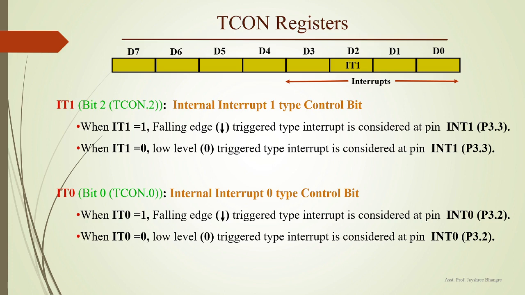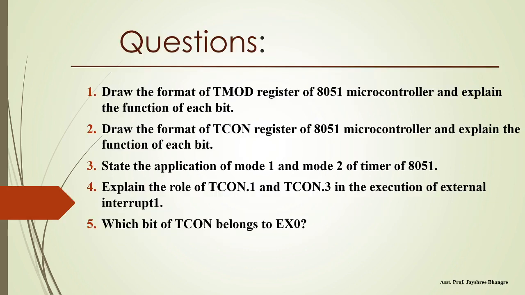Similarly, IT0 is the external interrupt 0 type control bit that is used for interrupts at the INT0 pin. That means if this bit is 1, falling edge triggered interrupt is considered at pin INT0, and when it is 0, low level triggered interrupt is considered at pin INT0. So these are the questions based on this topic.